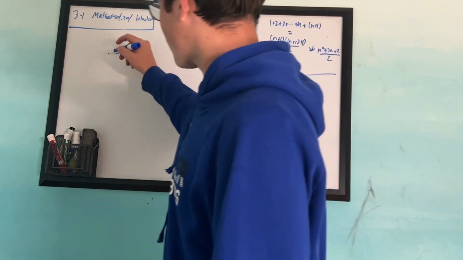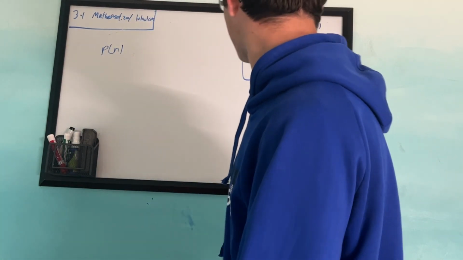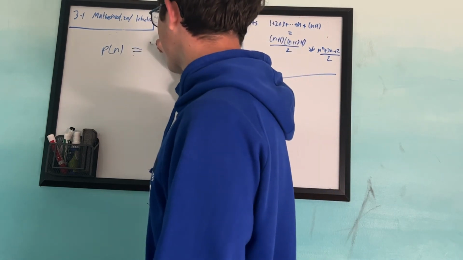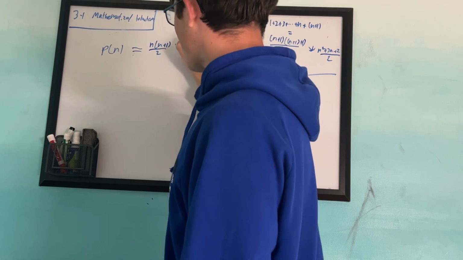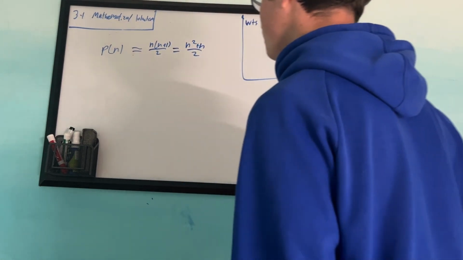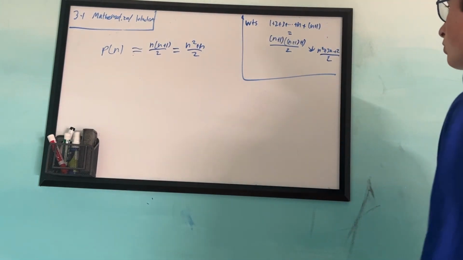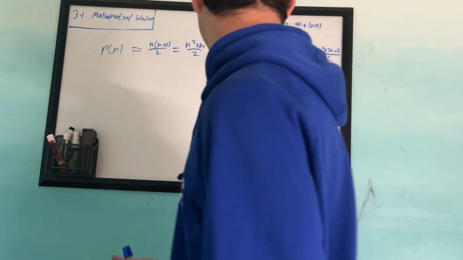So on the left hand side we're going to have P of n, what we're starting with, which is our 1 plus 2 plus 3, and so on. And on our right side we're going to have our n times n plus 1 over 2, which I'm going to rewrite as n squared plus n over 2. Now we can add n plus 1 to both sides.